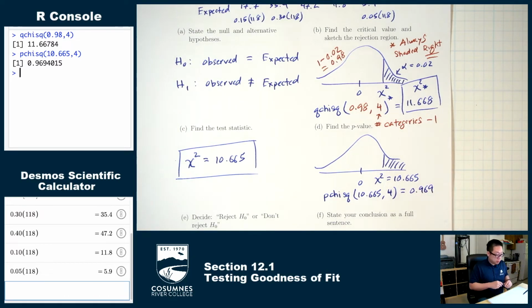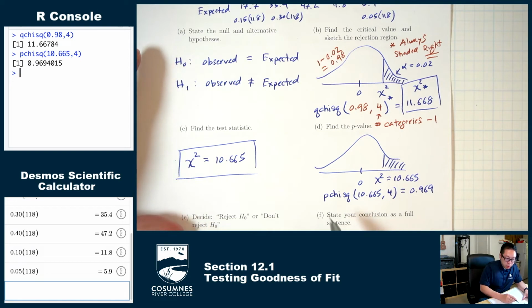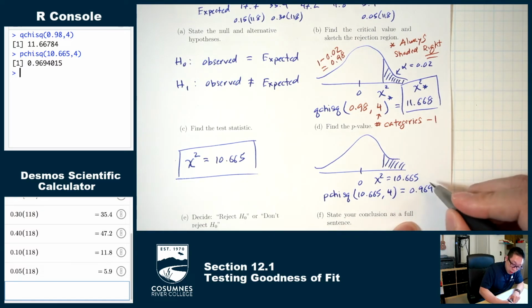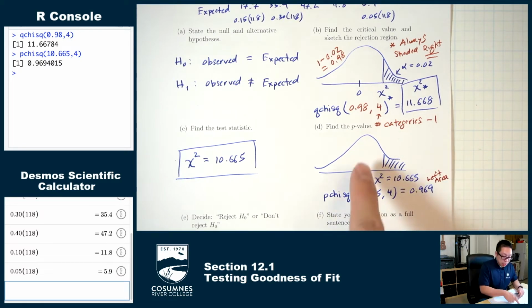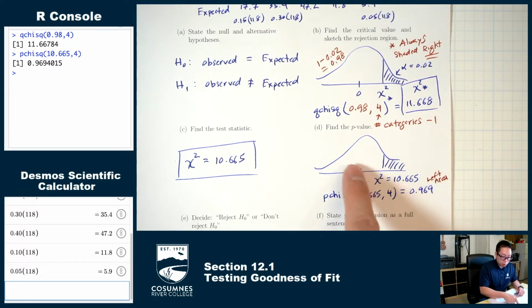That seems big. That can't be right. And that's because just like the p-norm and pt, p chi-square always is going to give you the left area. So that's the left unshaded part. That's not what we're looking for. We're looking for the right area. To find the other side, you have to do a 1 minus.